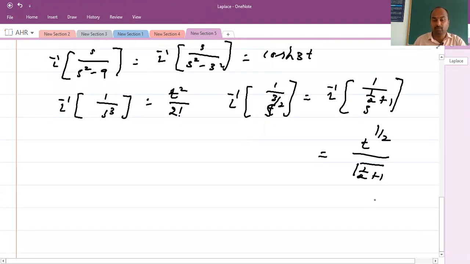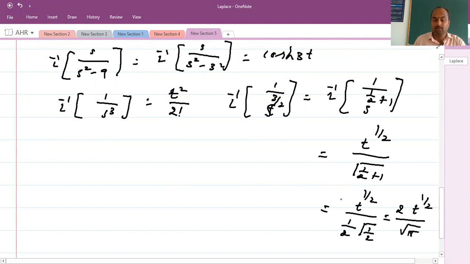Gamma of 1 by 2 plus 1 is 1 by 2 gamma 1 by 2. So this is nothing but 2 into t to the power of 1 by 2, and gamma 1 by 2 is root pi. So this is how we find the standard inverse Laplace transforms.